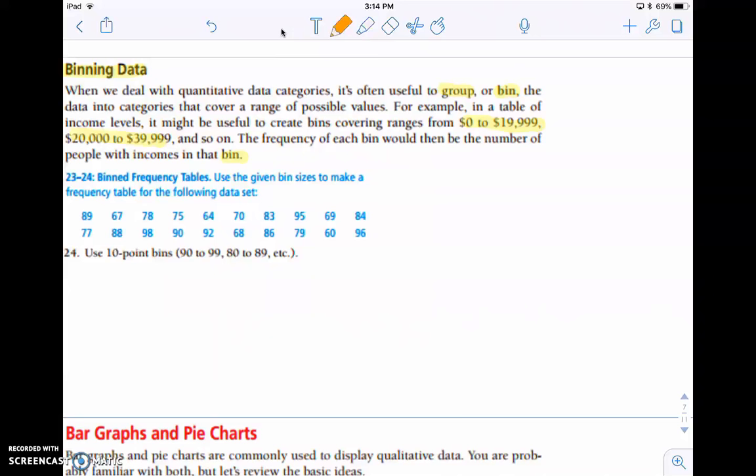So we've got some data here that we want to use, and we want to use 10-point bins. So we want to go from 90 to 99, 80 to 89, etc., to grab all of these. So we're going to put a bin here.